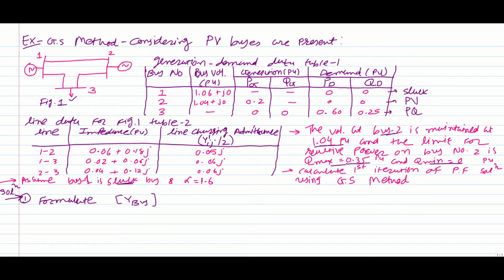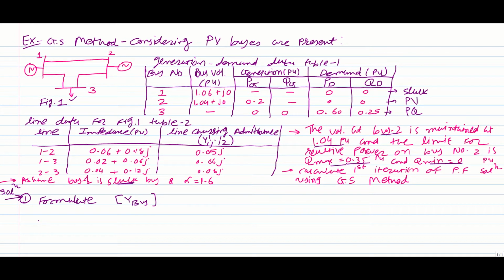And for that, we have to use the data which is given in table number 2. So let's start calculating each of the parameters. Here one more thing, the line charging admittance is given. So let's see how we will formulate the bus admittance matrix.